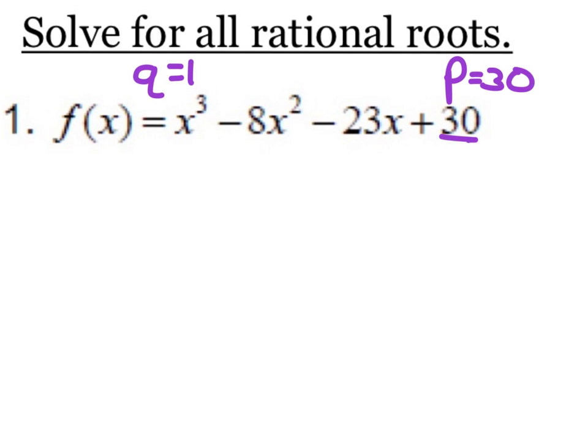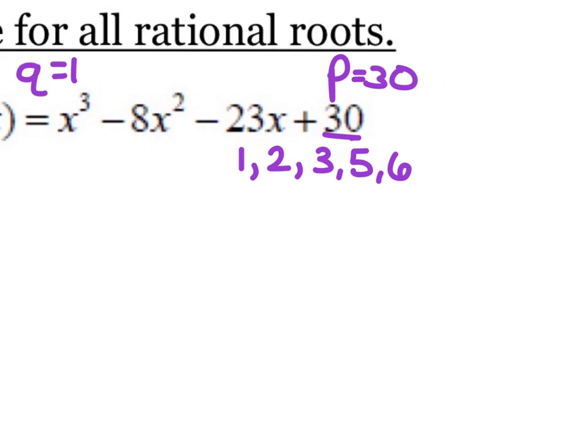So let's see, factors of 30. 1 and 30. 2 goes into 30. 3 goes into 30. Does 4? No. Does 5? Yes. Does 6? Yes. 7 does not. 8 does not. 9 does not, but 10 does. And 15, and then 30.